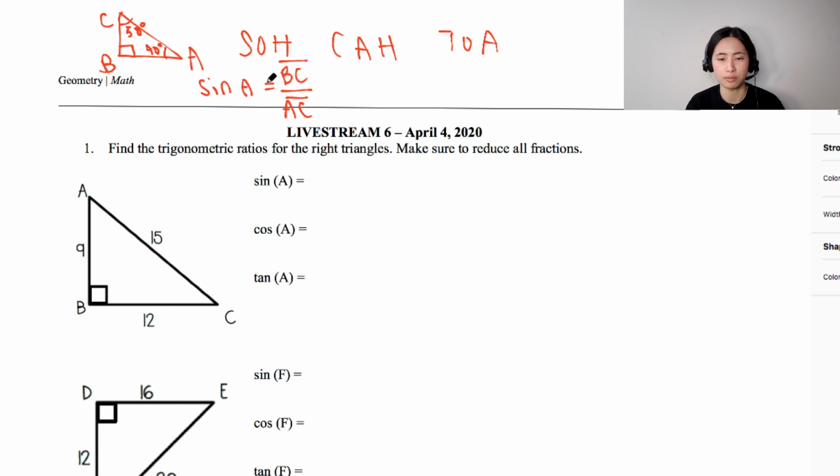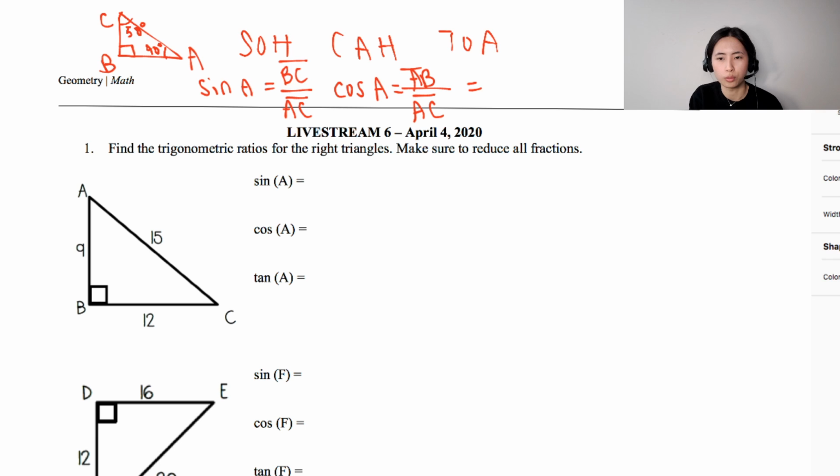Similarly, if you're looking at cosine, because it's supposed to be a ratio, if you're looking at angle A, the adjacent side, so if you have cosine A, the adjacent side would simply be line segment AB. And this is going to be over your hypotenuse, which is line segment AC.